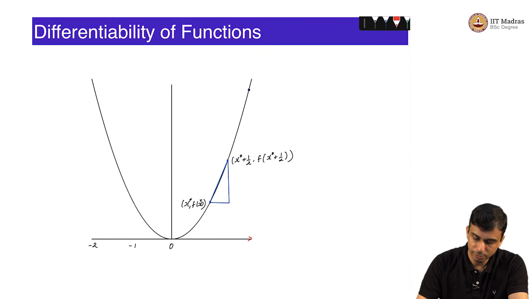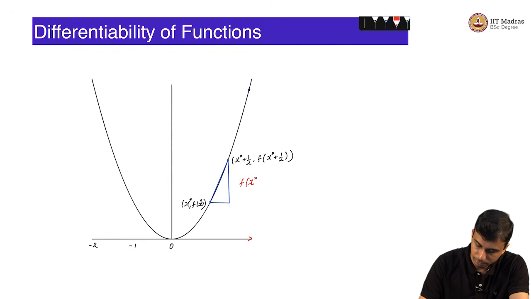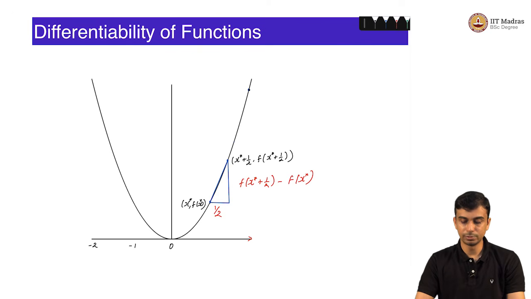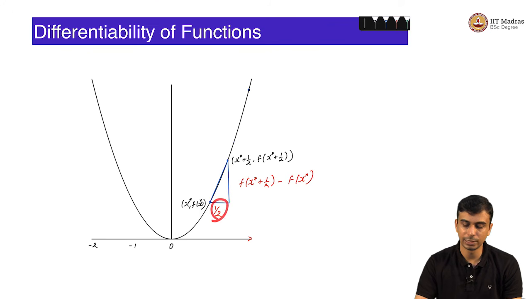So, the length of this line segment is going to be f of x star plus half minus f of x star, and the length of this line segment is going to be equal to half, and the ratio of these two corresponds to f of x star plus h minus f of x star by h, and you can keep on reducing h from 1, half, 1 by 4 and go all the way to 0.